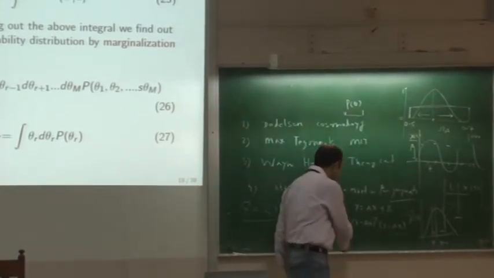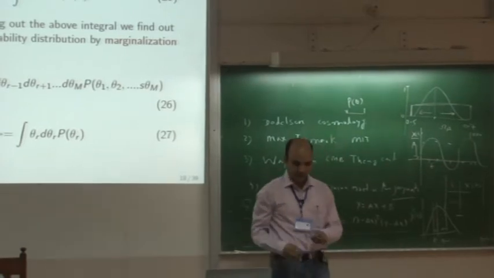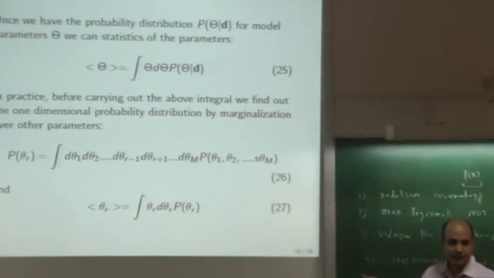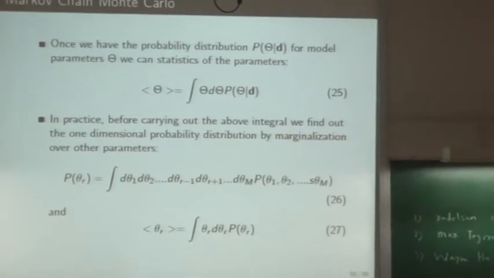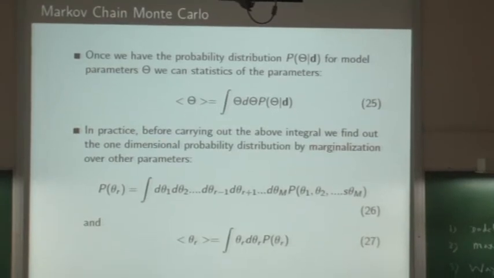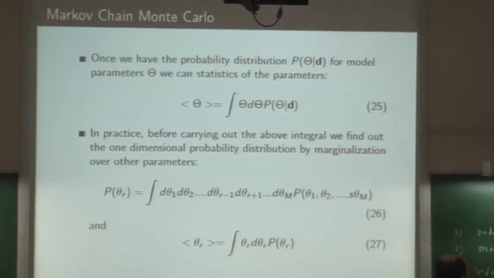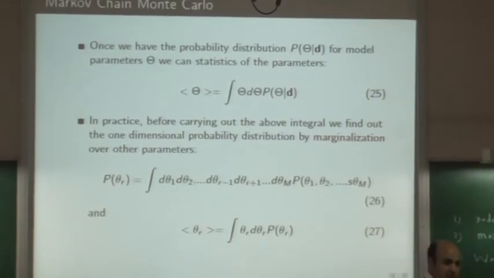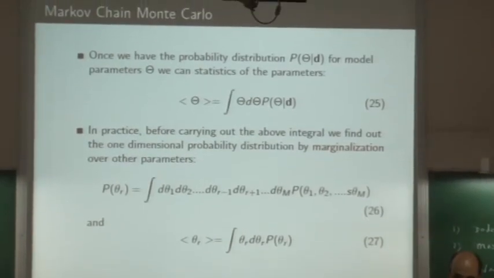If you ask what is its mean value, you just take its expectation. And if you ask what is the error on it, you can do that also. Like I have written this expression, expectation of x square minus expectation of x, squared. So that will give you this.